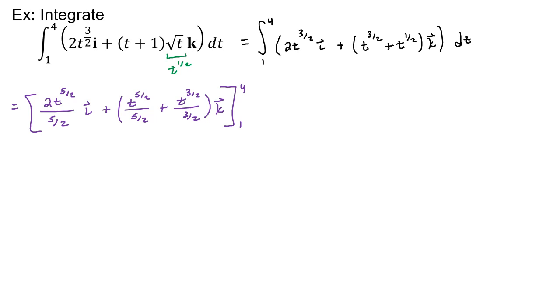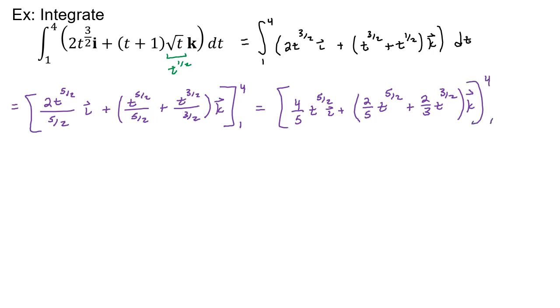I will flip those fractions over and multiply them before I plug the numbers in. If you flip over 5/2, you get 2/5. 2/5 times 2 makes 4/5 t to the 5/2. Plus, I'll have 2/5 t to the 5/2 and a 2/3 t to the 3/2, from 1 to 4. And so then we plug numbers in.